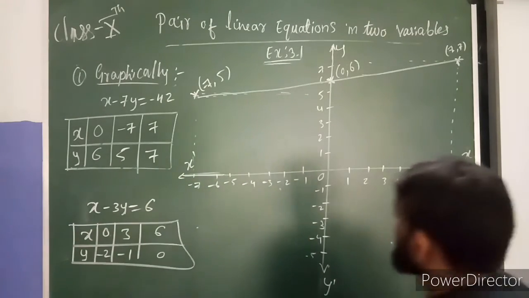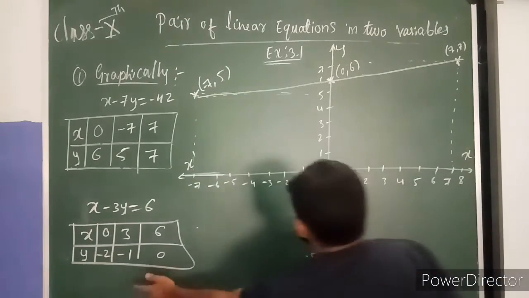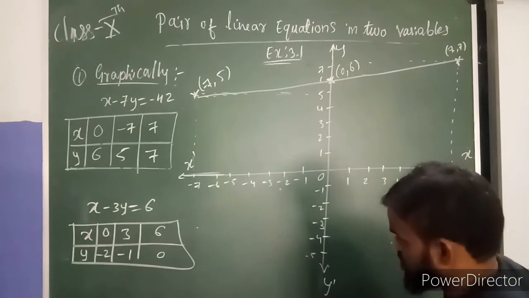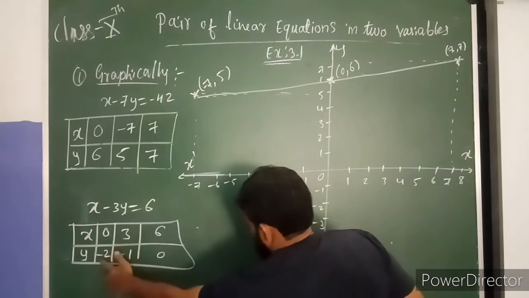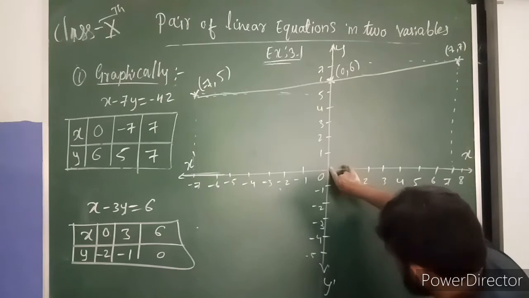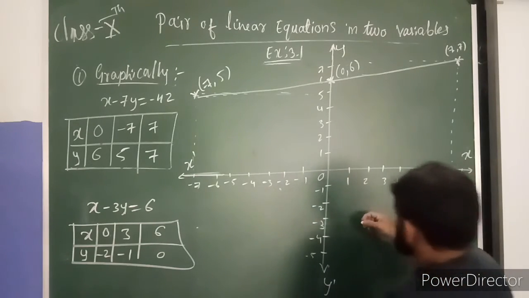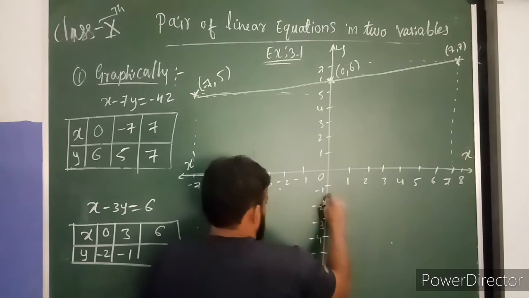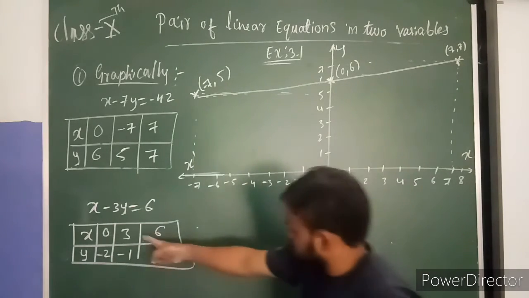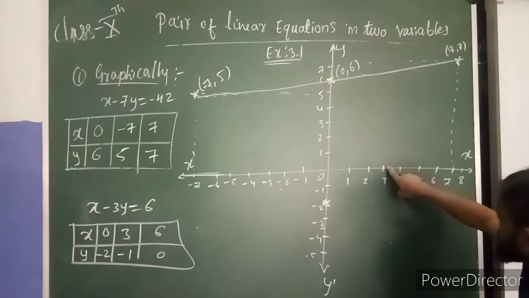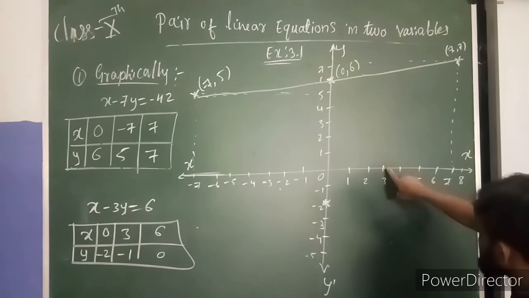And the second one, the second box, see here, I will draw. X is 0 and y is minus 2. X is 0, y is a minus value; this is the plus side of y, this is the minus side. I put a star. And x is plus 3, and y is minus 1. Minus 1 is here only.